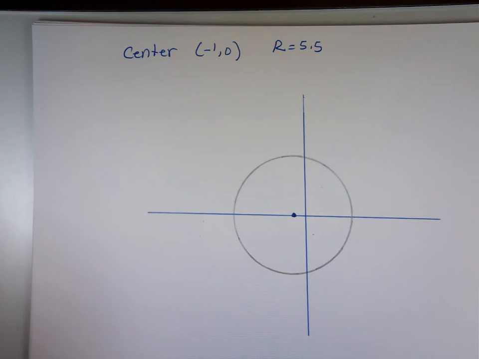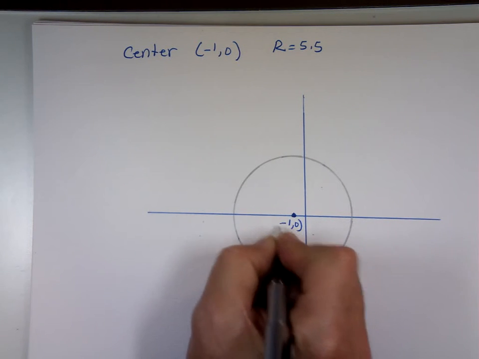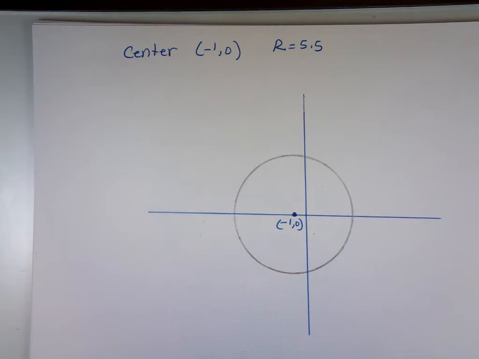And that's the graph of my circle. Center, again, negative 1 comma 0. That's where the center is. So it's not in the middle, it's a little bit off to the side.